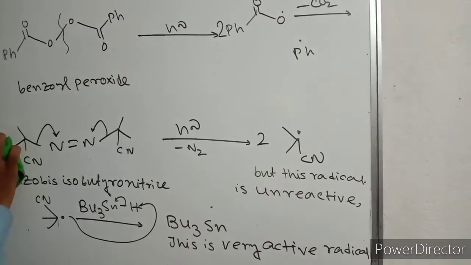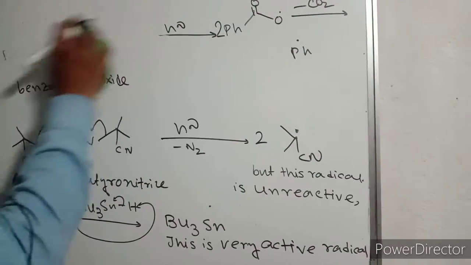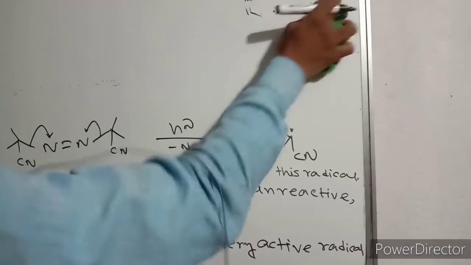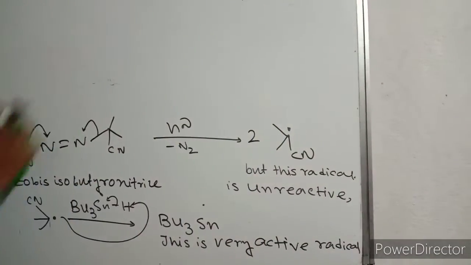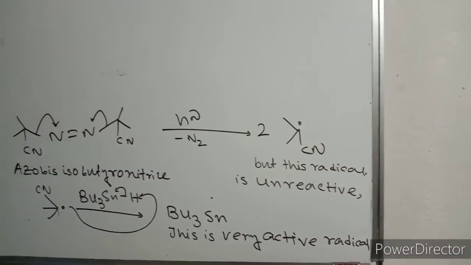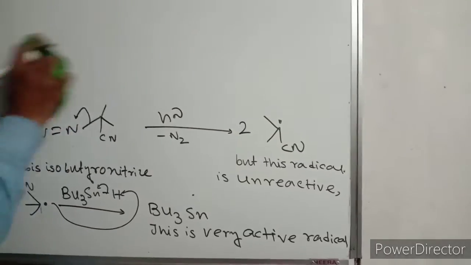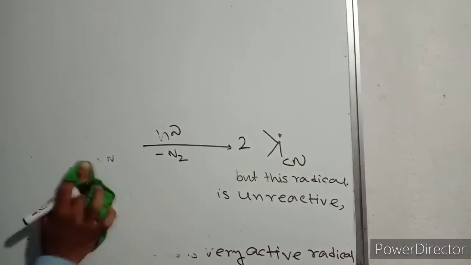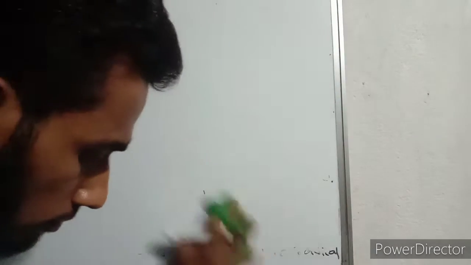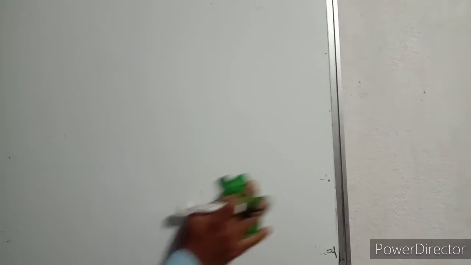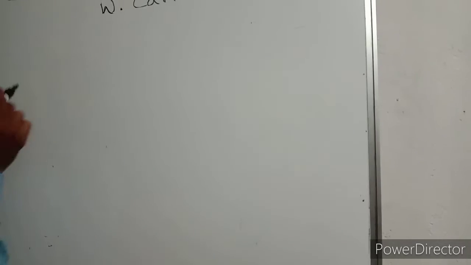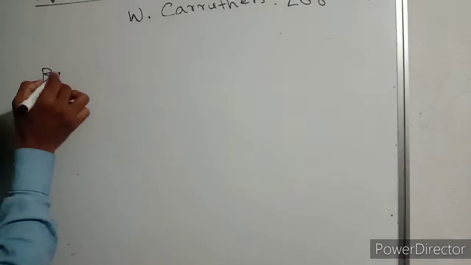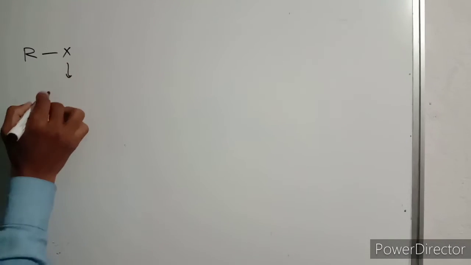Now take a few examples from Carruthers' book. What will we get? Here X means halogen.